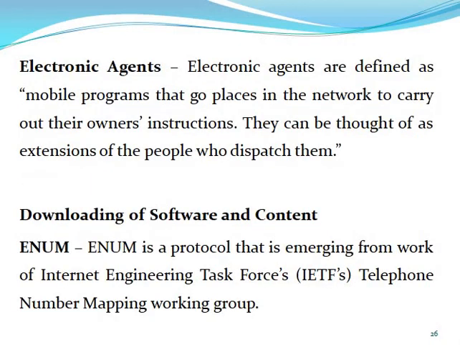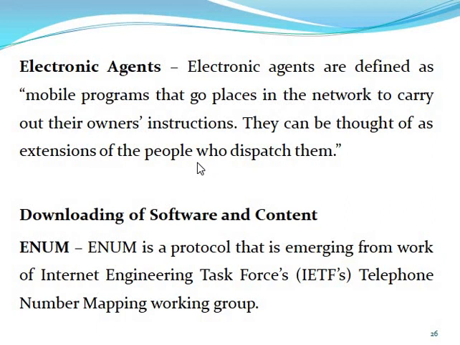Now we can look at the electronic agent and its applications. An electronic agent is a mobile program that goes out over the network to carry out its owner's instructions, and it can be dispatched by people. So an electronic agent is a mobile program that goes to the network, and based on the network, it determines how the instruction is provided.